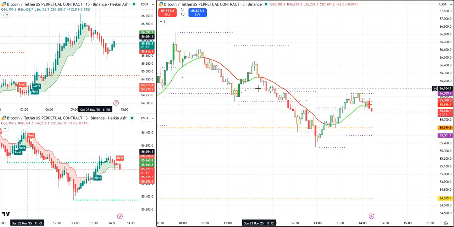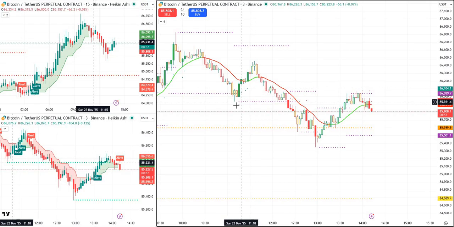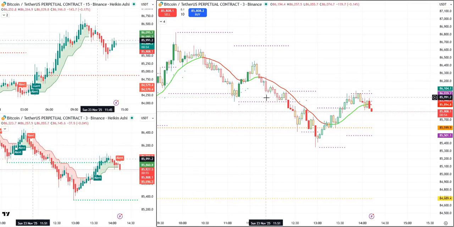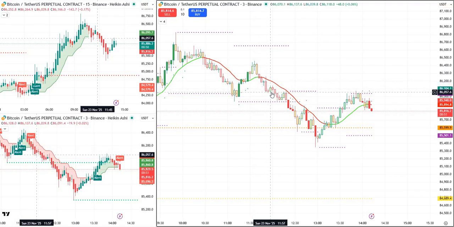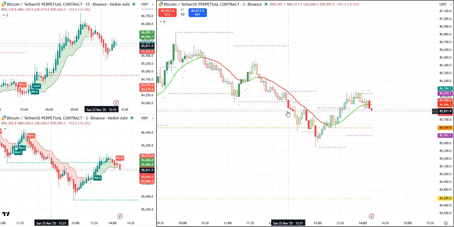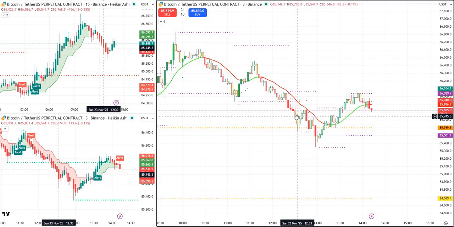So we should mostly be looking for two kinds of setups. One is the continuation setup after a pullback, and one is the reversal setup. First, let's discuss the continuation setup after the pullback. Let's think about a short. Price is falling down with some momentum, dark red candles.